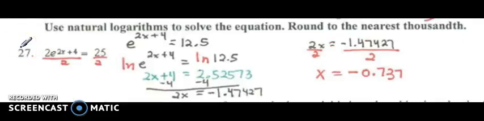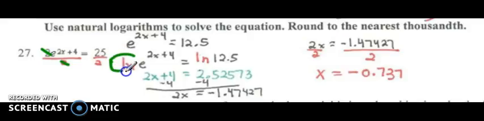In problem number 27, I want to solve this natural log equation. First thing I want to do is get rid of this 2, so I am going to divide by 2. That's how I got 12.5. To get rid of e, which is really an irrational number, I am going to do the natural log, because that's log base e of e.